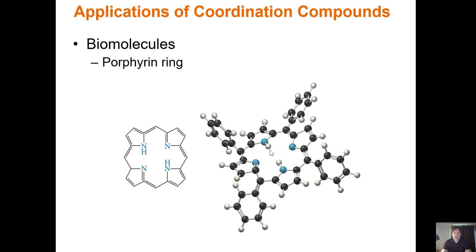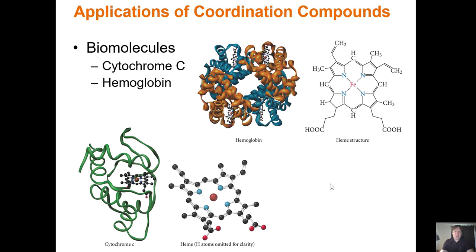But what I want you to recognize here is that we have these nitrogens that are kind of pointing towards this empty space right here in the middle of this ring. And we can kind of see it over here as well. Those nitrogens are able to bond to a metal in here, and by doing so we get these kinds of coordination compounds. So here we're looking at some examples of where that porphyrin ring shows up.